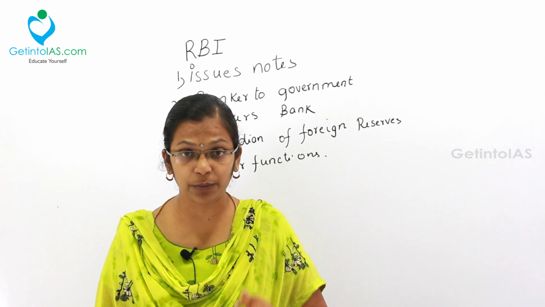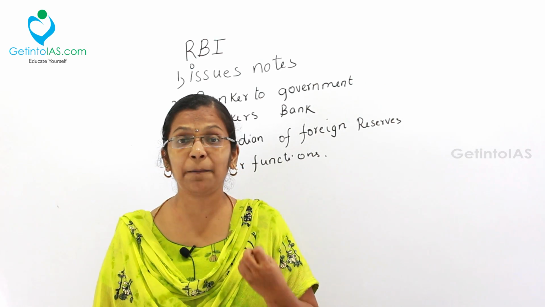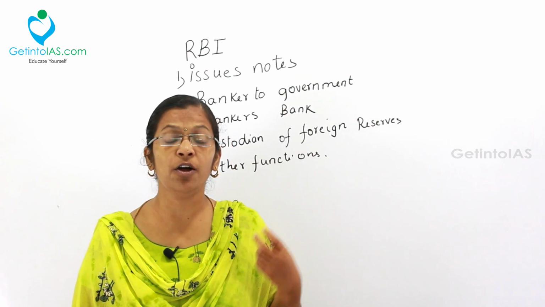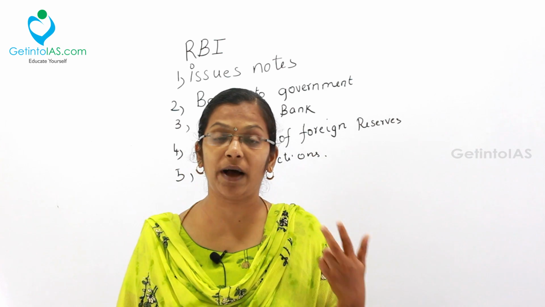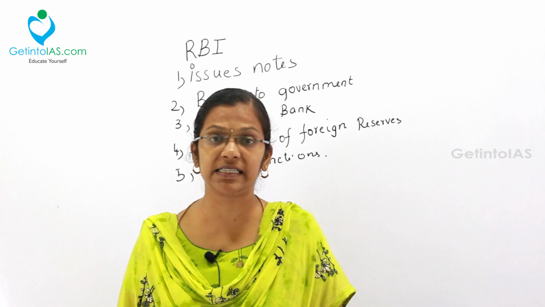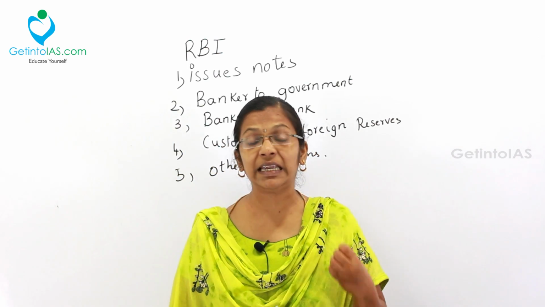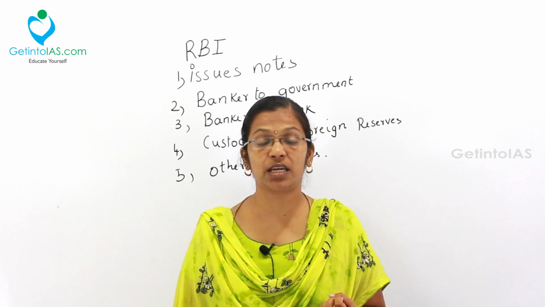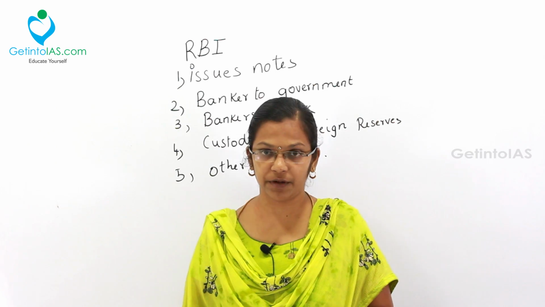The RBI will enter into the market and start buying and selling foreign currencies. Why does the RBI have to buy and sell the foreign currencies? RBI does that because it needs to keep the exchange rate of the Indian currency stable, right?